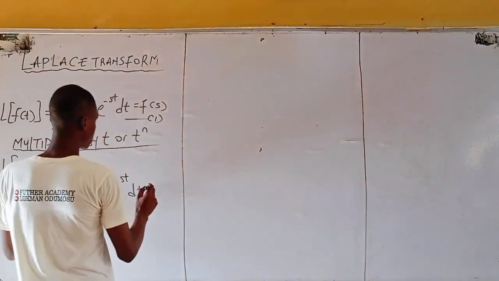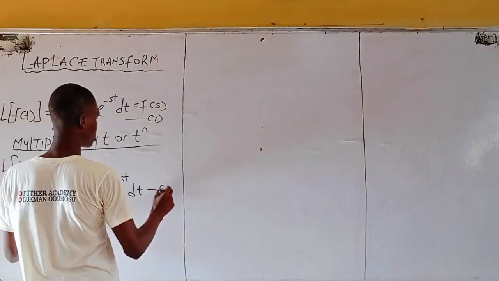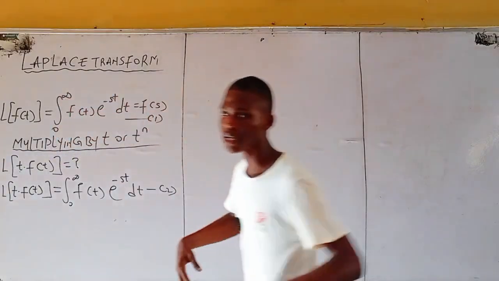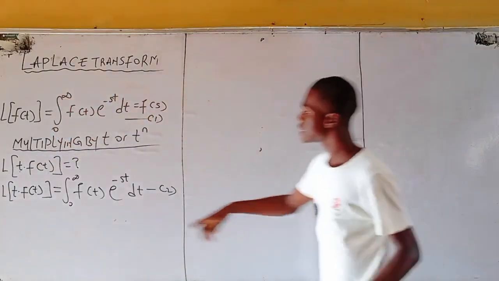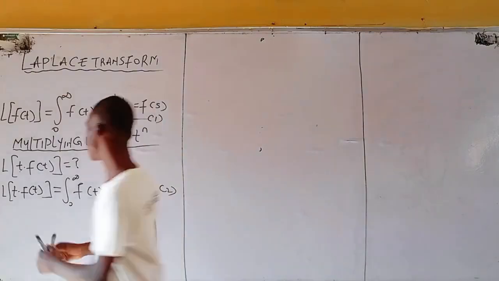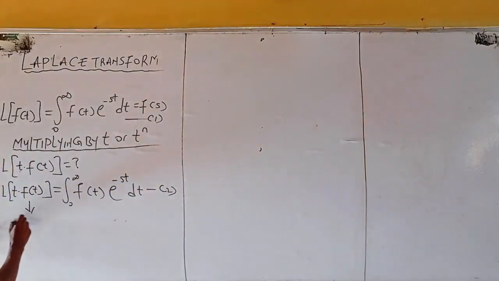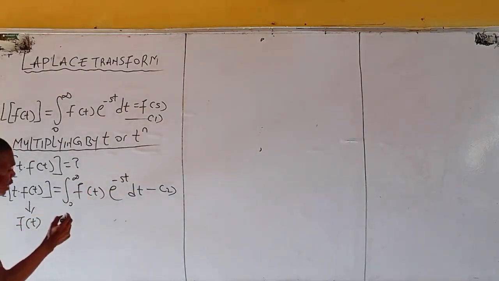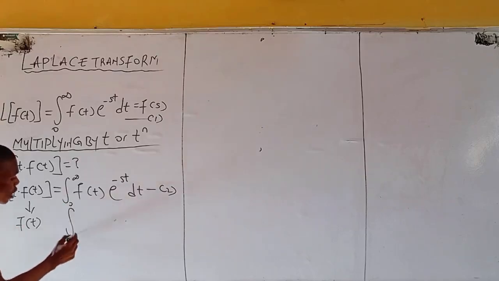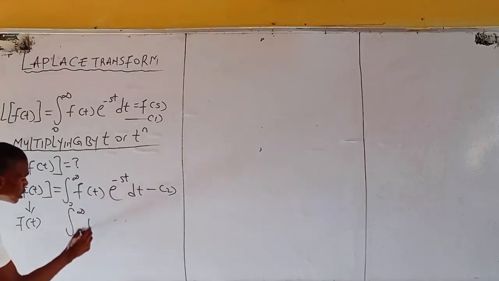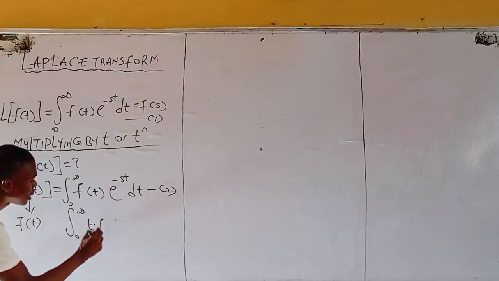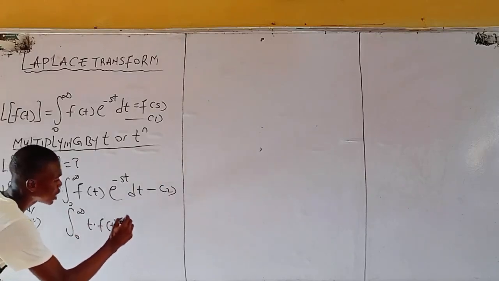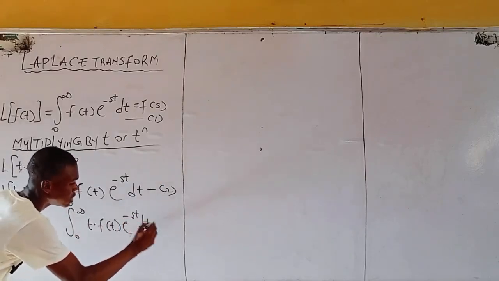Let me bring it back to this. In this case, this is my f of t. Meaning that my f of t in this case, I must have it as the integral from 0 to infinity of t multiplying f of t, exponential negative st dt.